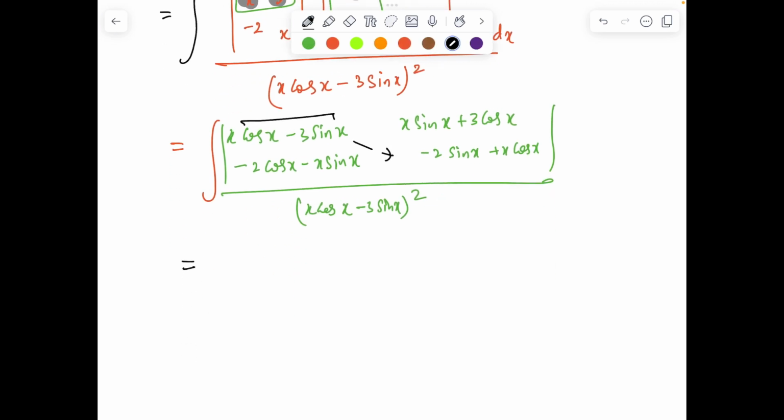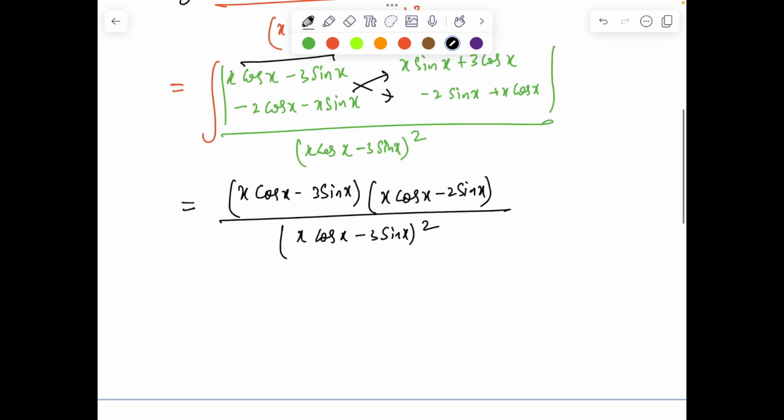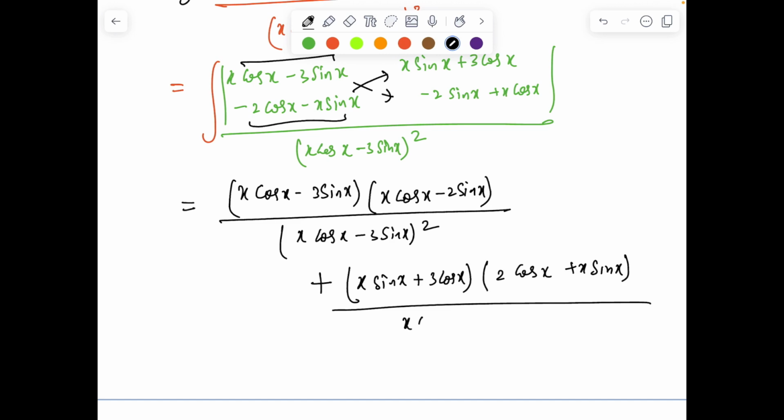And now this can be beautifully written as this into this minus this into this, so x cos x minus 3 sin x times x cos x minus 2 sin x, divided by x cos x minus 3 sin x whole square, and we'll have minus times x sin x plus 3 cos x into minus of this, so that clearly gives plus of 2 cos x plus x sin x divided by x cos x minus 3 sin x whole square.